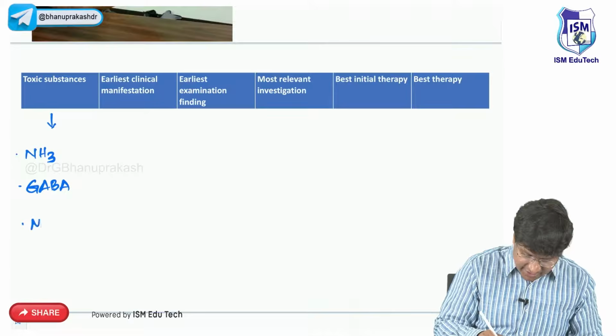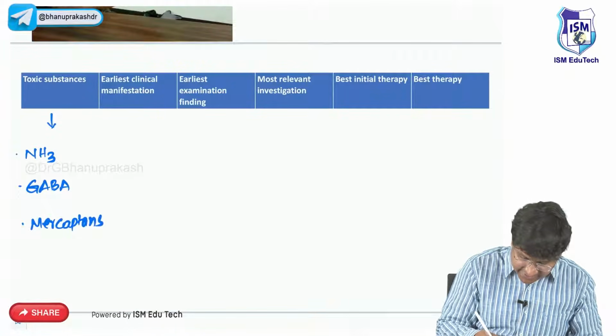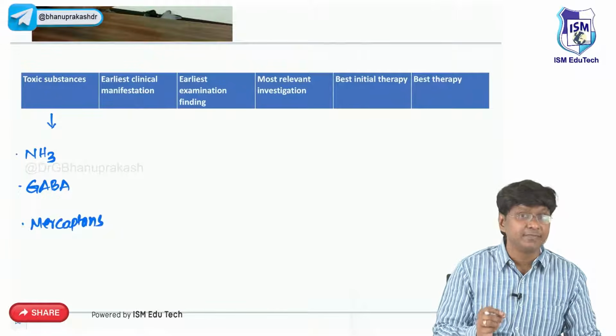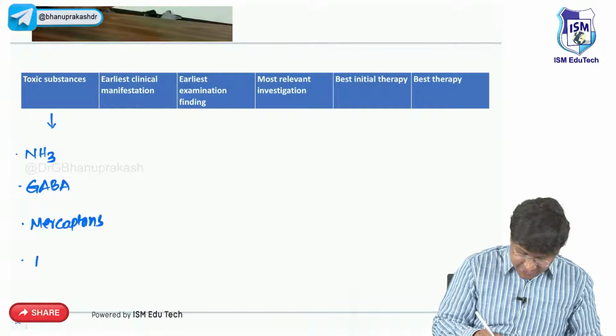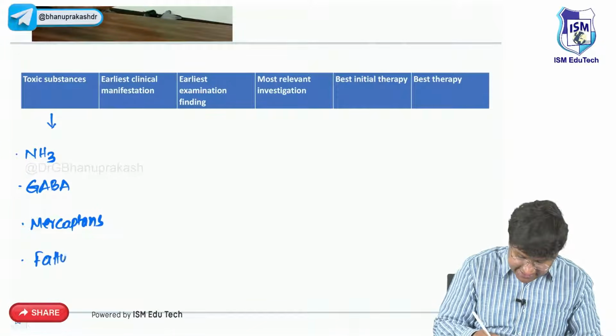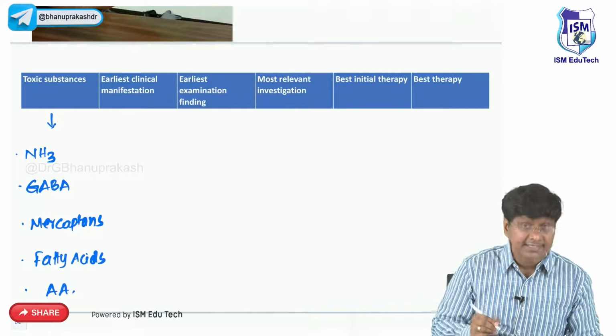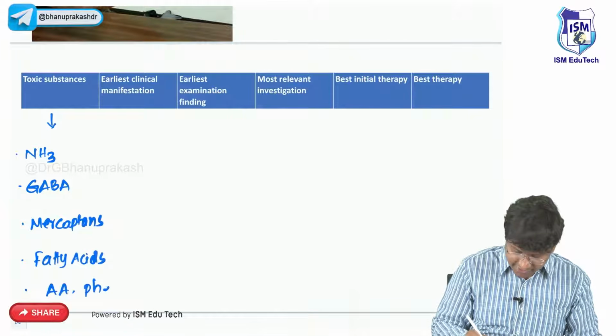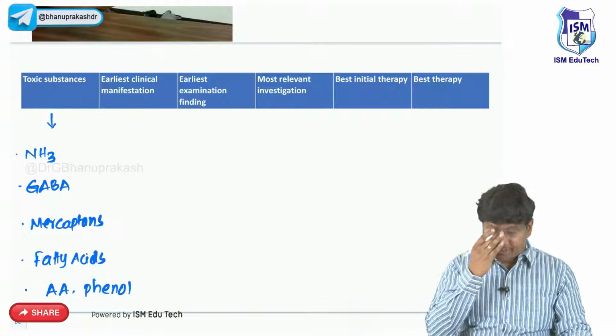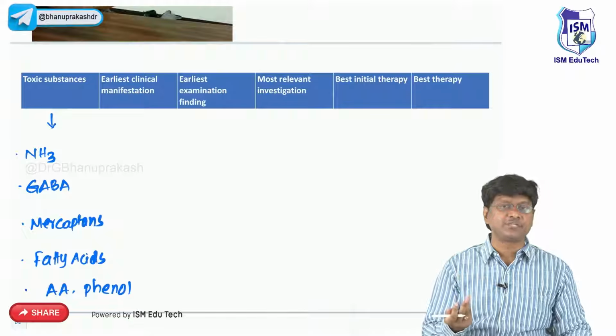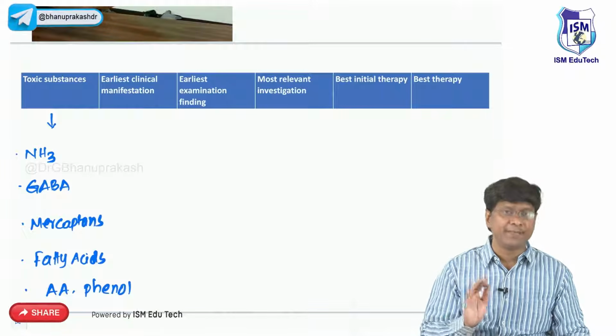Next, the other one is the mercaptans derived from the methionine. Then short chain fatty acids, then amino acids, then phenol, and we have one more, that is octopamine. So these are the toxic substances which are responsible for the development of your hepatic encephalopathy.